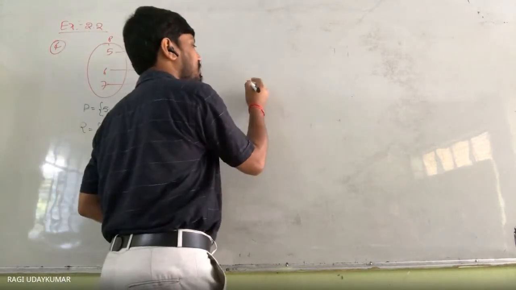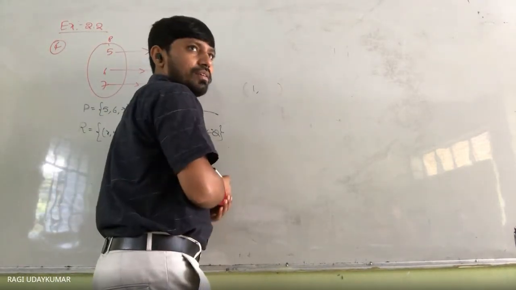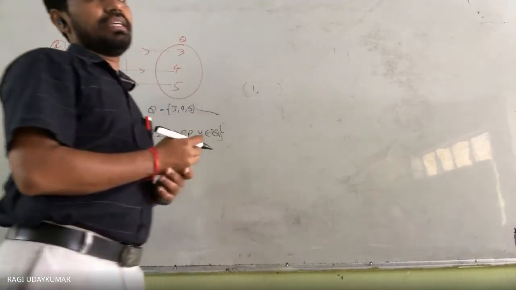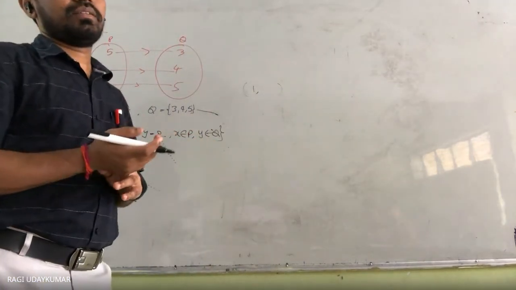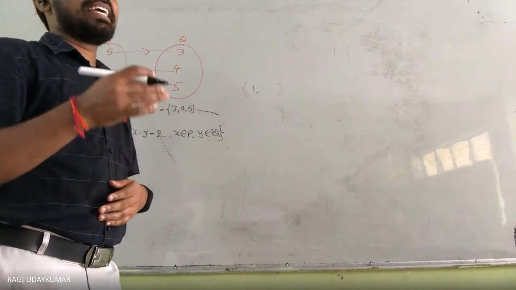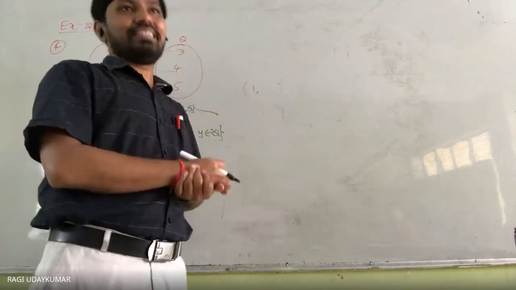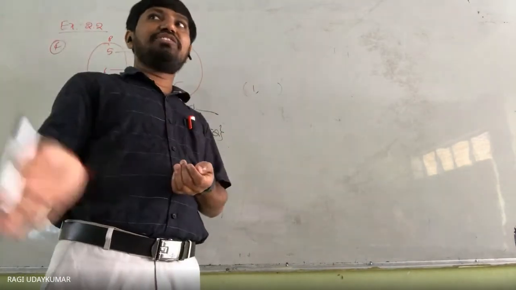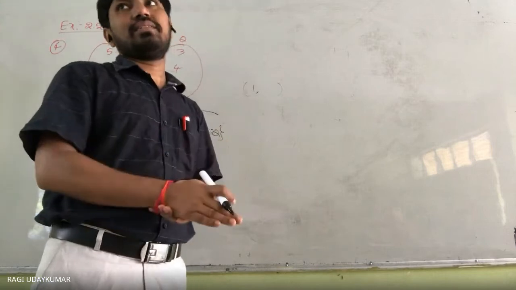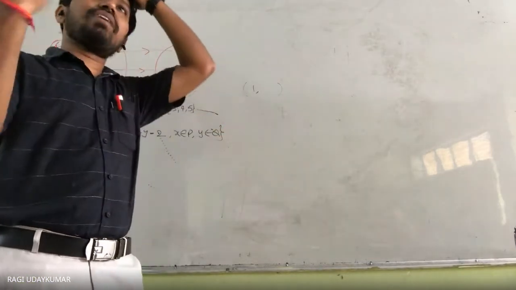B is exactly divisible by A is nothing but A is the factor of B. If you take A as 1, what do you get for B? 1 is the factor of every number.